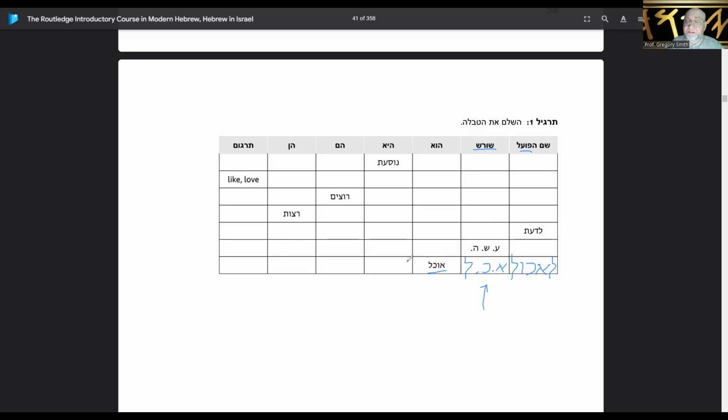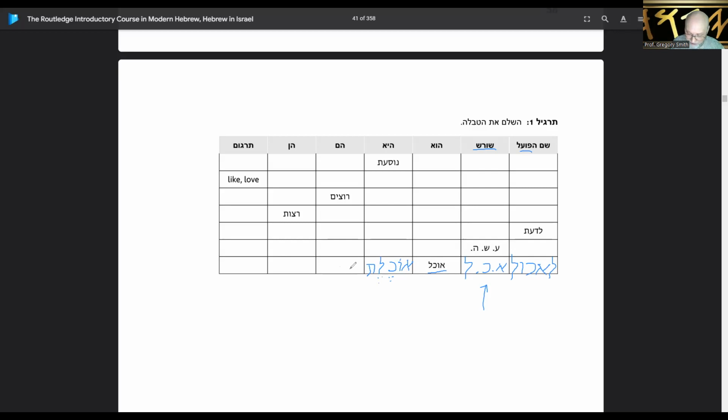So if we were to say she is eating, it would be ochelet. With an aleph, a holem, a chaf, a lamed, ends with a tav, ochelet. And notice that if you were to see the vowel pointing, you would use the segol, ochelet. Okay, and it means she is eating.